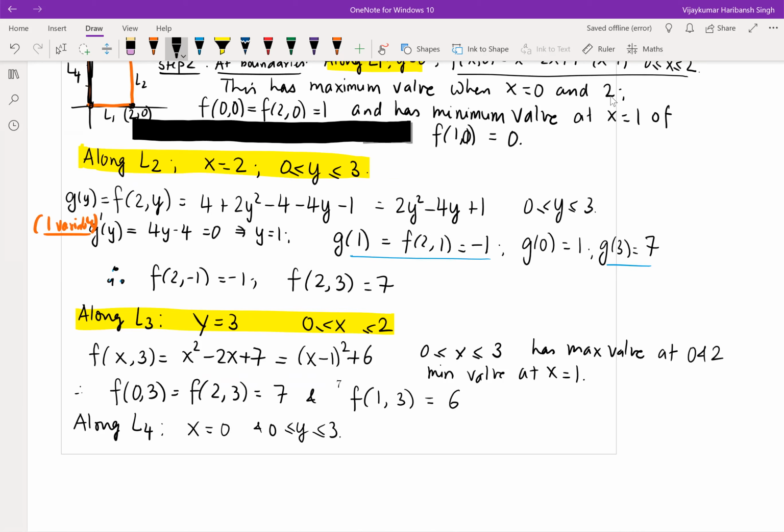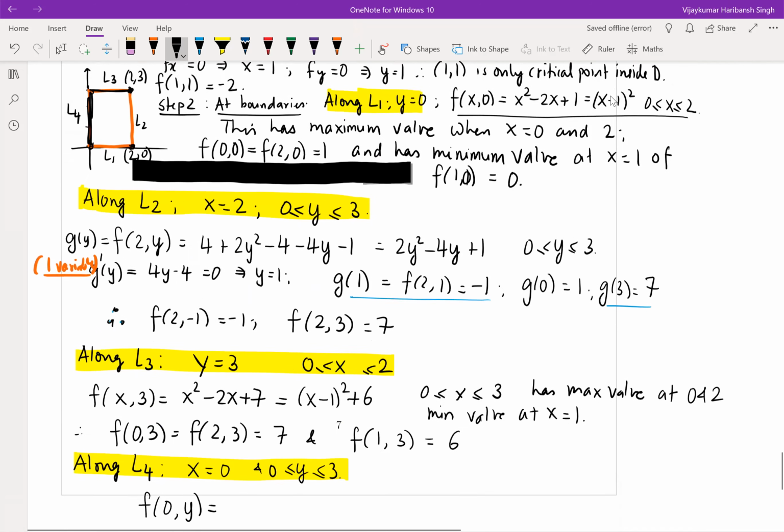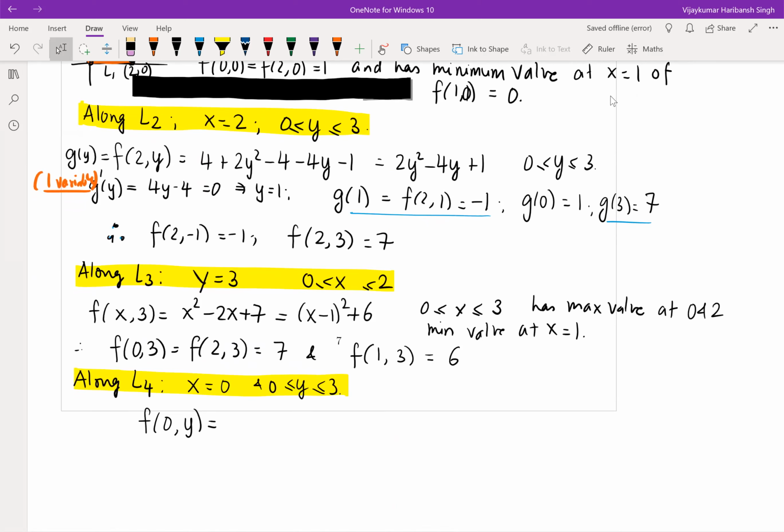So putting in the function, with x as 0 and y as y, this simplifies to 2y squared minus 4y plus 1, with y going from 0 to 3.